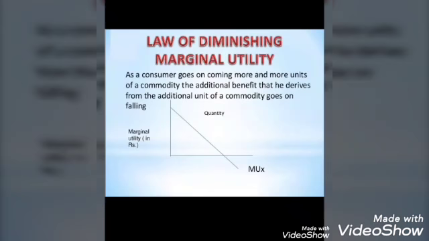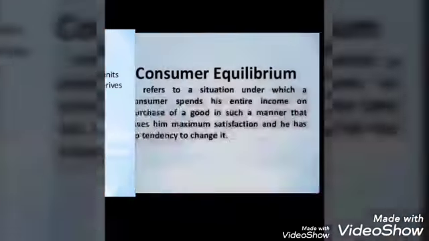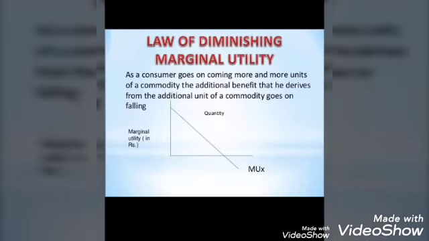The next thing is the law of diminishing marginal utility. This law explains why the marginal utility is diminishing or decreasing, and why it is not increasing. Suppose we are so hungry, so at that time our utility is 100.